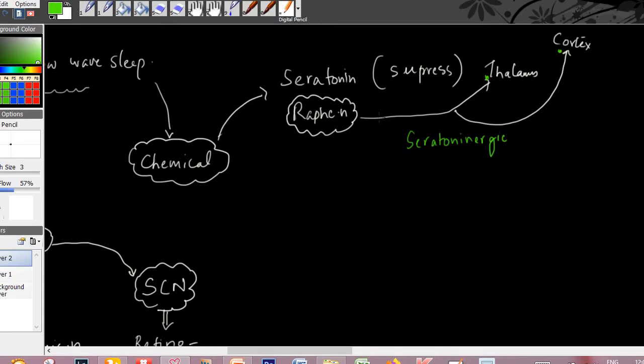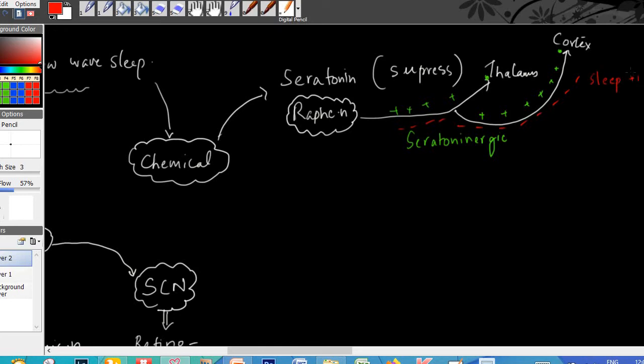And if this pathway is activated, what will happen to sleep? More serotonin will go to the cortex and thalamus, and there will be suppression of sleep. So this has to be inhibited for sleep to occur.